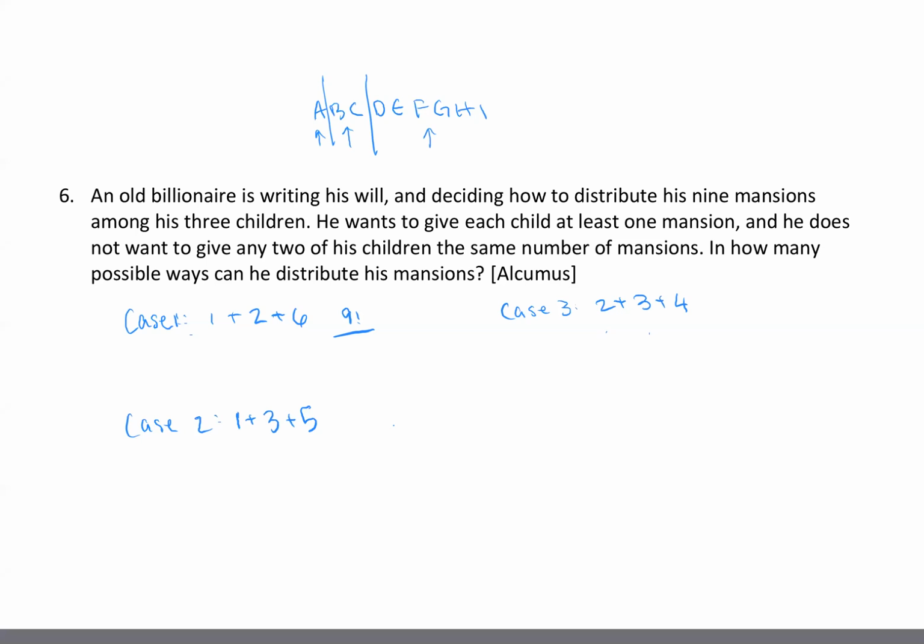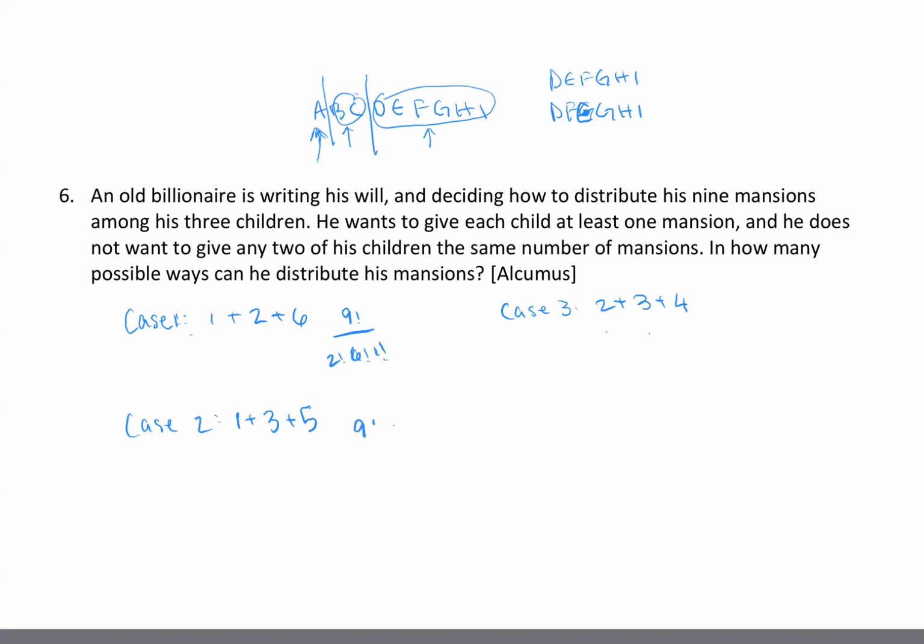And then here we have 2 mansions, so we divide by 2 factorial because we can order the 2 mansions in 2 factorial ways. And then we divide by 6 factorial because D, E, F, G, H, I is the same as D, F, E, G, H, I, since the child is receiving the mansions anyways, and it doesn't matter what order it's in. So it's 9 factorial over 2 factorial times 6 factorial. Oh, and times 1 factorial, I guess, for the A, but that doesn't really matter.